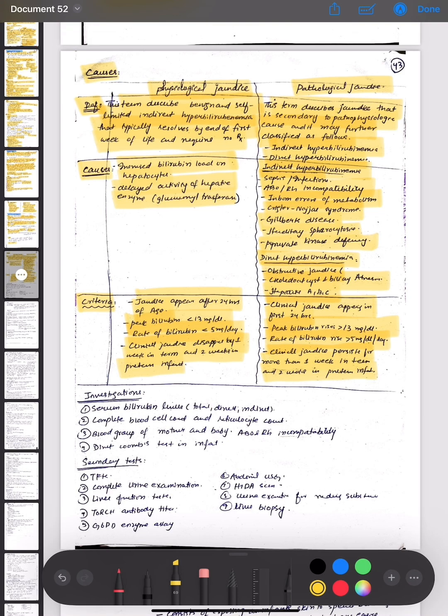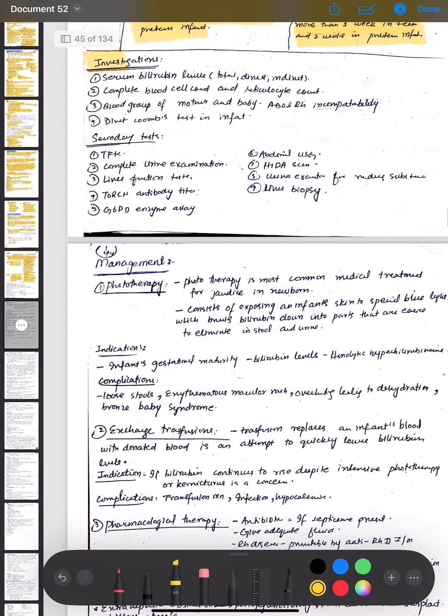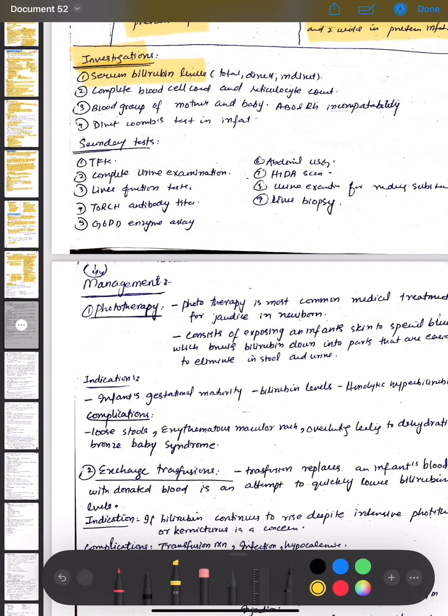Now coming to the investigation options for jaundice neonatorum: serum bilirubin levels are checked, both total, direct and indirect bilirubin. Then complete blood count and reticulocyte count are measured. The blood groups of mother and baby, ABO and RH incompatibility, are tested, and the direct Coombs test in the infant is done.